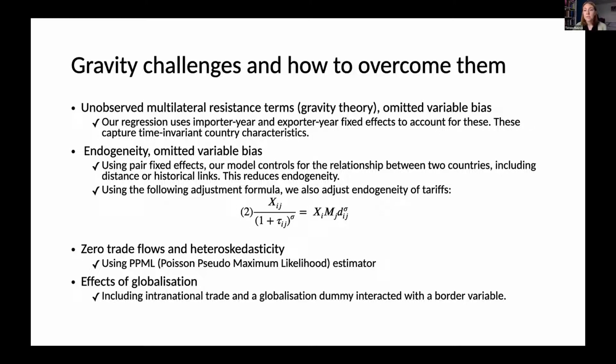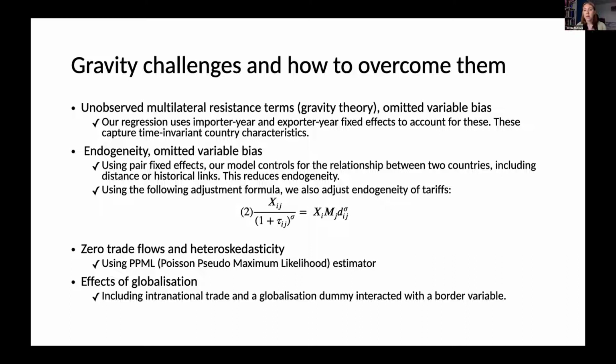So first of all, we include pair fixed effects. So those are fixed effects between the two trading partners, which control for the relationship between them, or the time invariant characteristics between those two countries. So those are things like distance, time difference, or historical links, or if one of them was a former colony of the other.